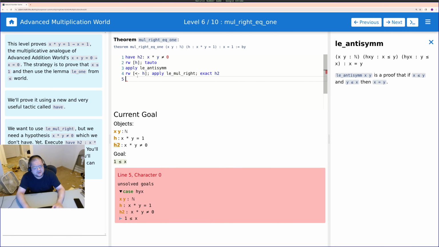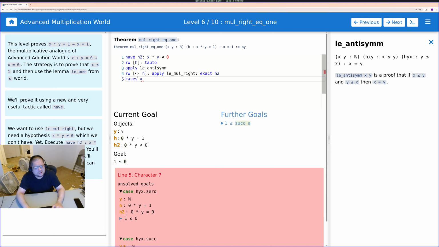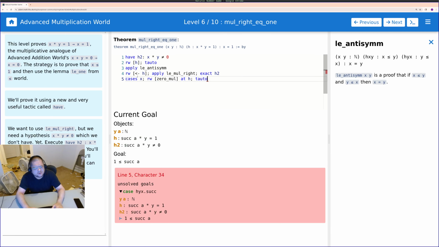Now I have to prove that x is bigger than or equal to 1. This didn't really change much. Now I have to prove successor of A is bigger than or equal to 1.